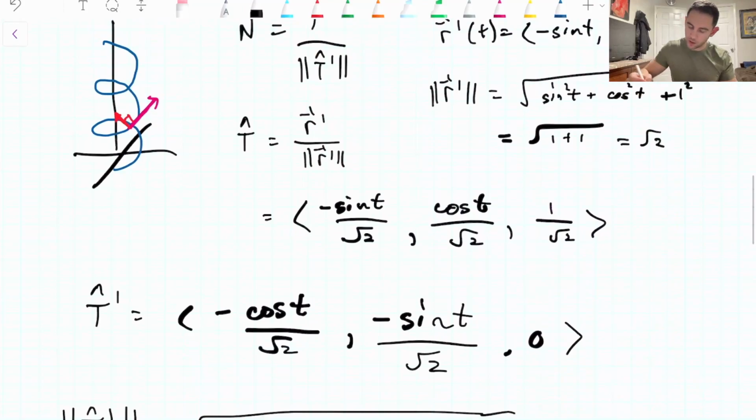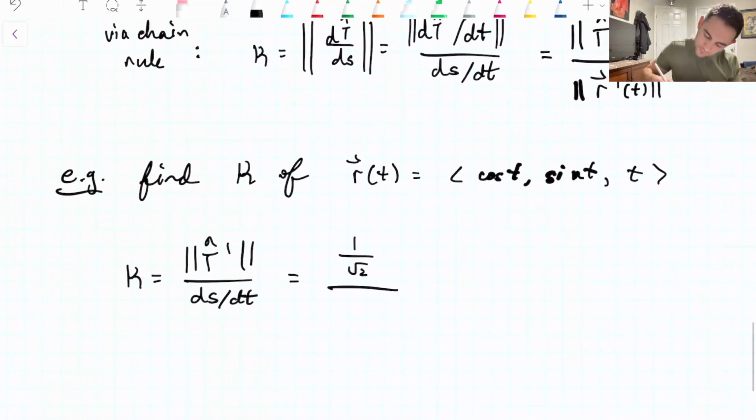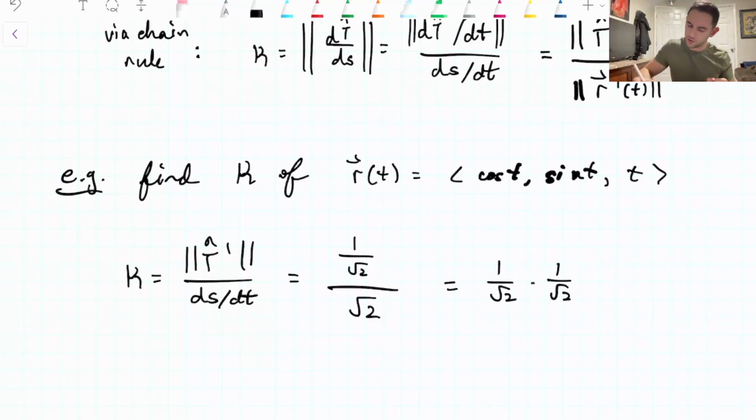The speed, of course, we know was square root of 2. So what do I have? I have 1 over square root of 2 divided by square root of 2. Of course, remember, dividing by square root of 2 means multiplying by the reciprocal, square root of 2. So it looks like the curvature of this helix is 1/2. So 1/2 is a number that is summarizing how curvaceous the helix is at that time.